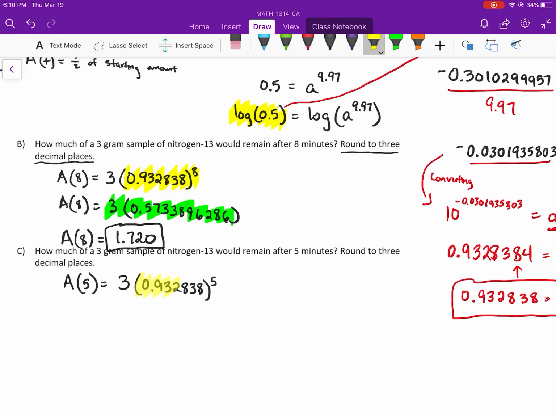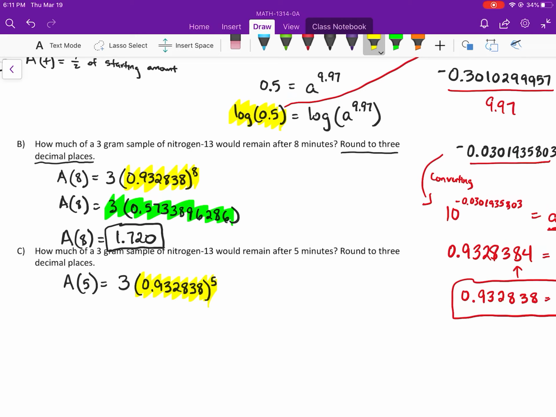So one more time, we're going to take that to the 5th power. So let's see, 0.93288 taken to the 5th power.